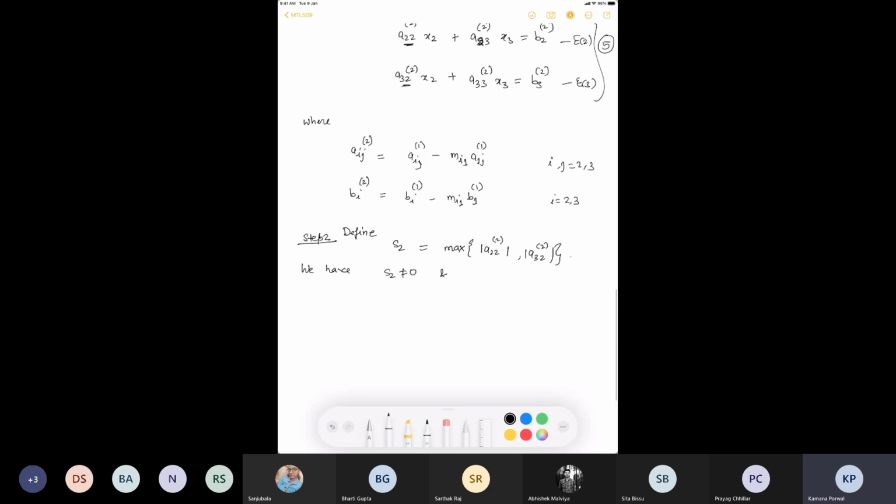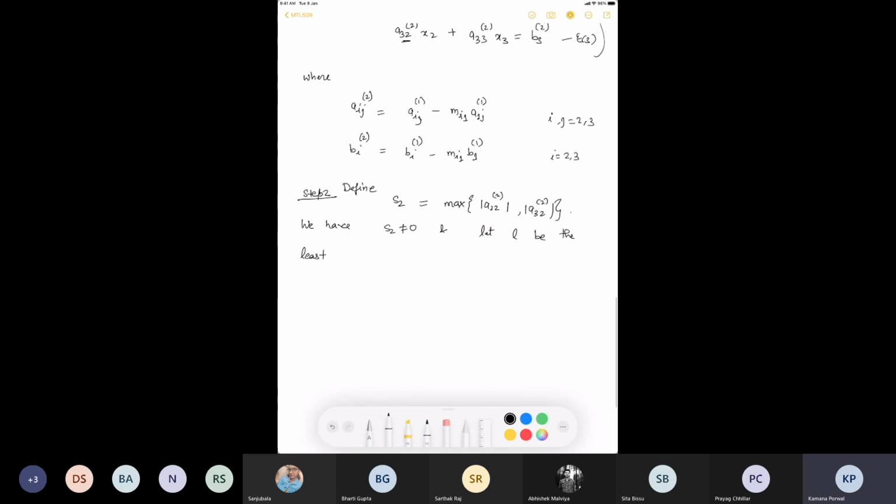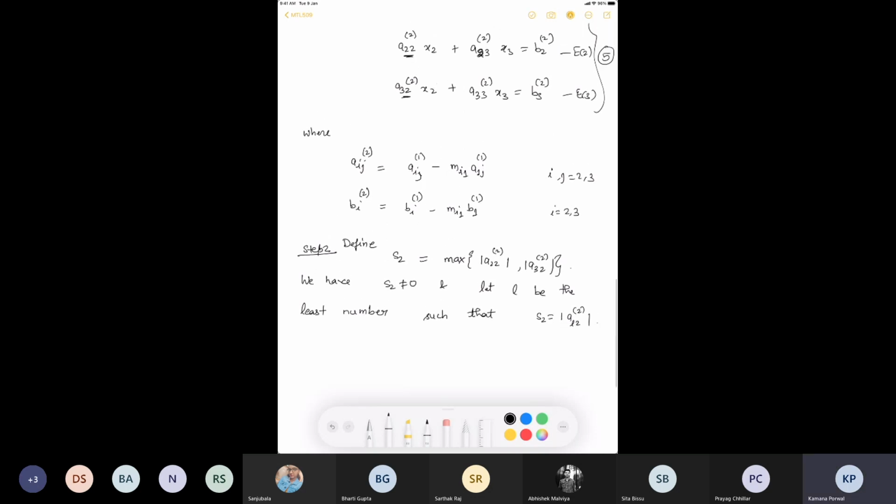Let L be the least number such that S2 is attained at A_L2(2). Then I will interchange the Lth row with the second row.